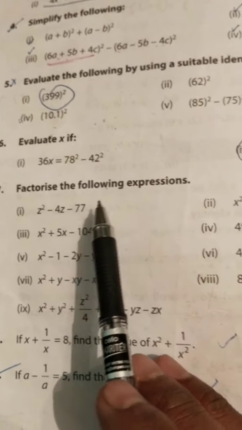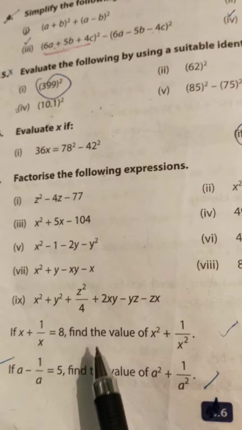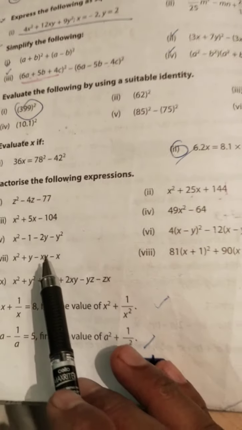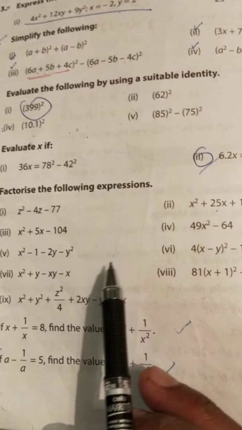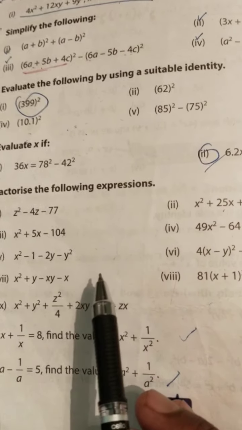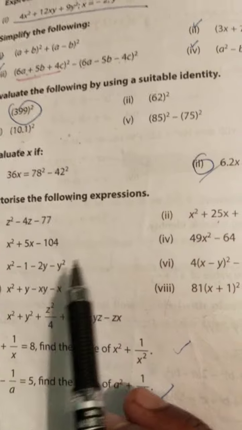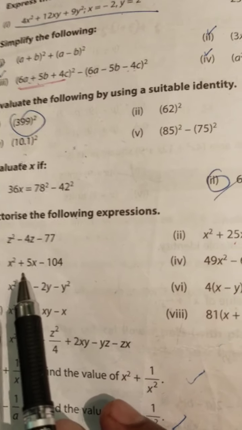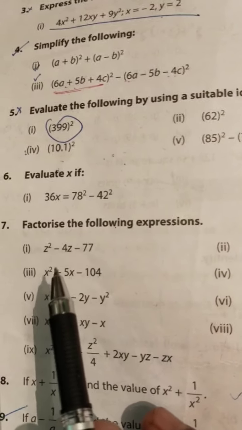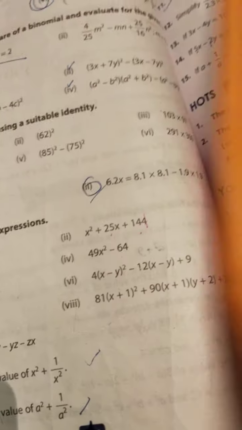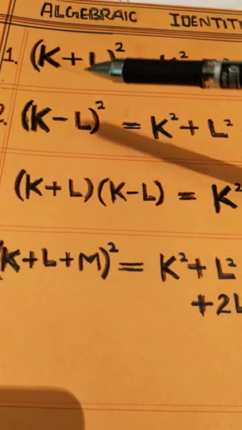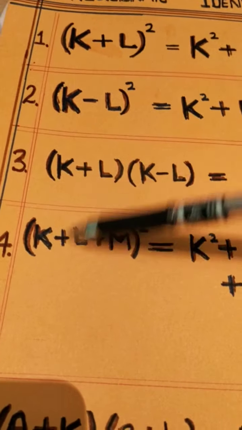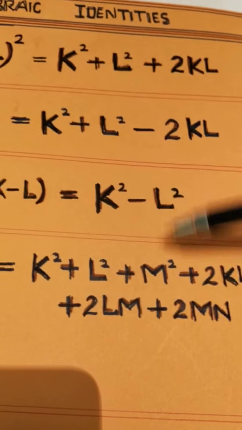Next question number 7. Factorize the following expressions. So there are 9 questions. Now in this part, the maximum part is from your identity fifth. Yes, you have to go for question number 7, factorize. In case of factorization, if you solve worksheet 1 to 5, your left hand side is given and you have to find the right hand side.